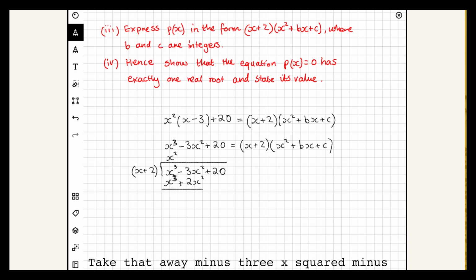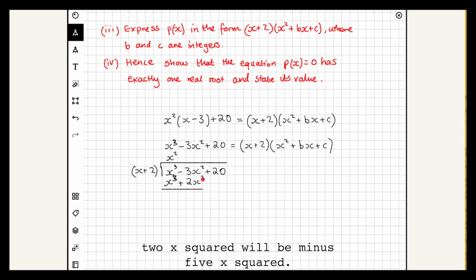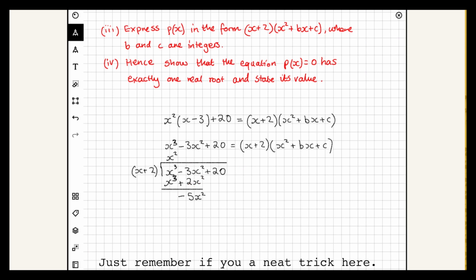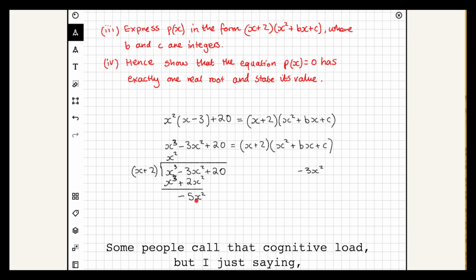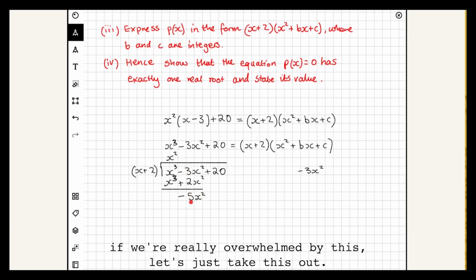Take that away. Minus 3x squared minus 2x squared will be minus 5x squared. Just remember, a neat trick here, if you get confused with this, just take it aside. Sometimes we have so much going on within the question that it's quite useful to take bits of it aside. Some people call that cognitive load, but I'm just saying if we're really overwhelmed by this, let's just take this out.